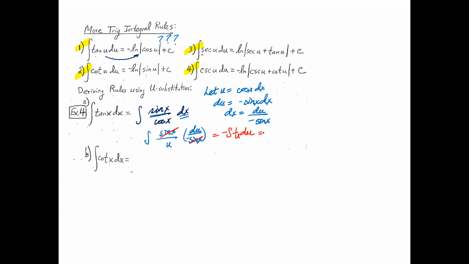Okay, so then what's going to end up happening is you are going to have a negative ln u, and remember your u is cosine x, plus c. And that's exactly how they got that right there. So this is the answer, and this is the reason behind how this formula comes to be.